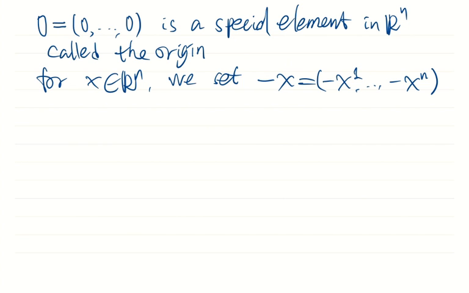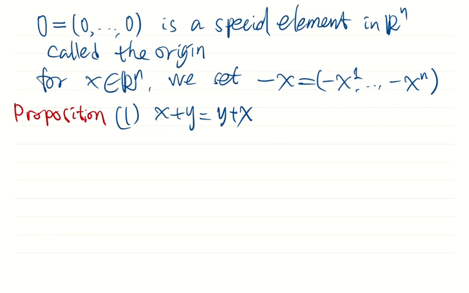Okay. Now we have this proposition about the properties of the above two operations on Rn. The first one is x plus y equals y plus x.